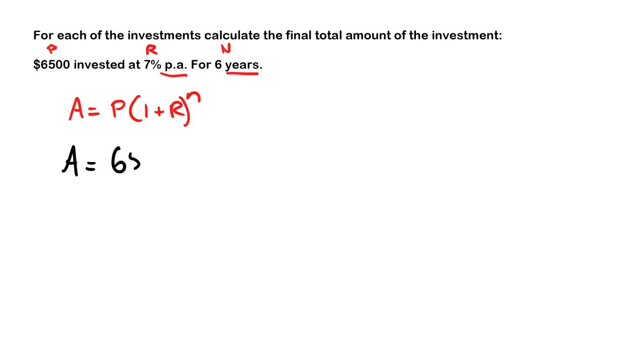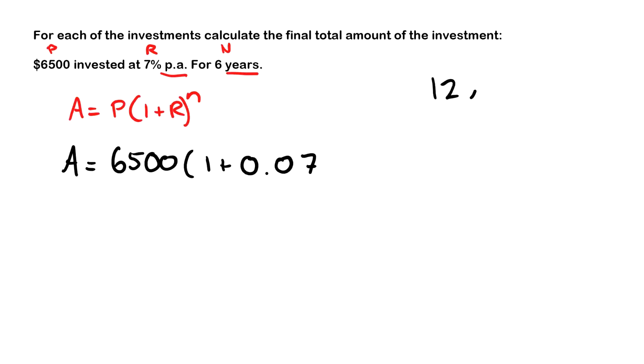So we get 6,500, 1 plus, now it's 7%, but we need it as a decimal, so we divide it by 100. Or if you can remember this, if the percentage is less than 10%, it's going to have 2 zeros. If it's, let's say, 11%, it only has 1 zero, so it'll be 0.11.